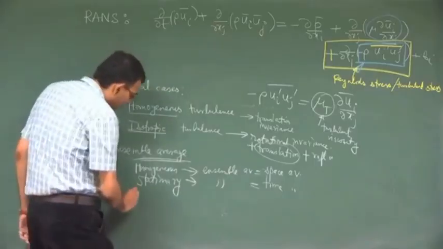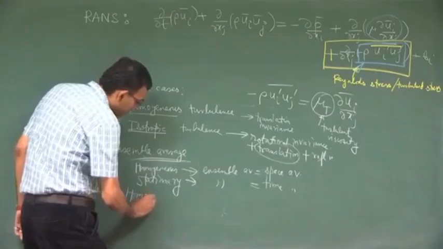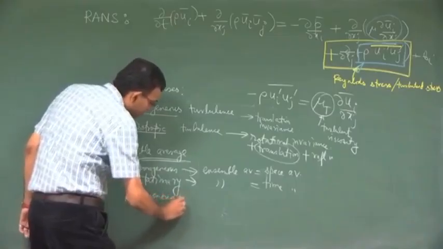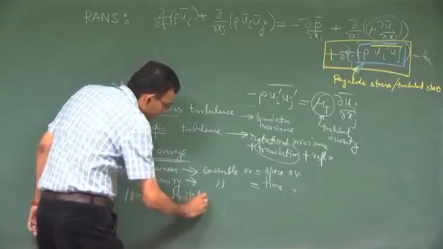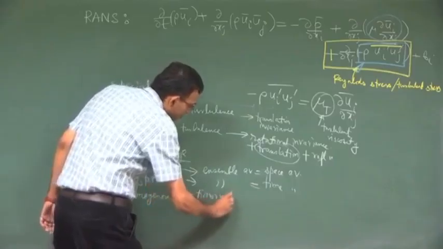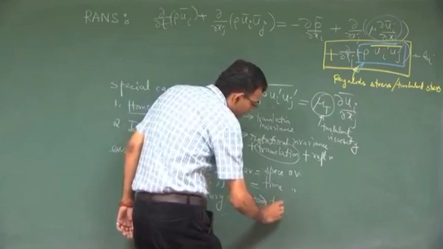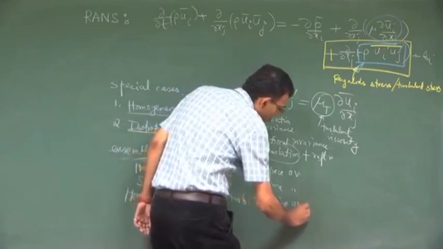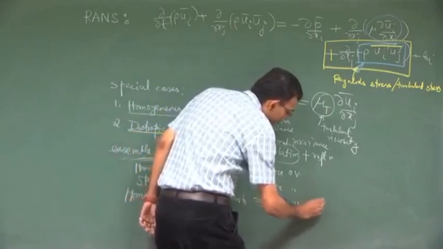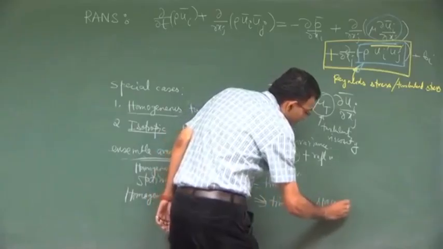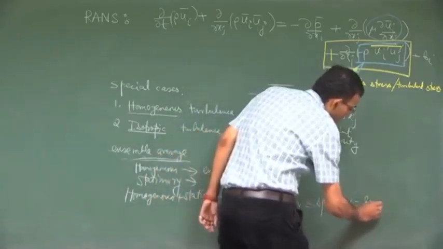So if you have homogeneous plus stationary turbulence, that will mean that time average equals space average equals ensemble average.